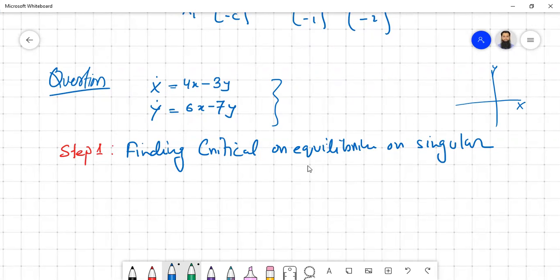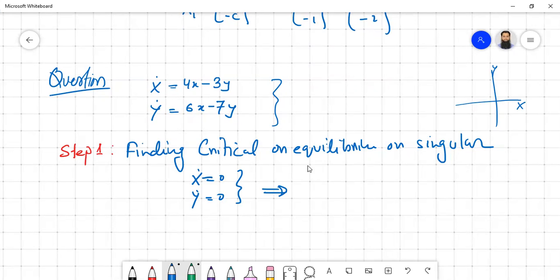For finding the equilibrium point, the definition we already said is that a singular point is the point where the system states can stay forever. That means there is no variation, so dx by dt and dy by dt are not available, and the system will always stay in the state where it is. So the condition we apply is x dot equal to 0 as well as y dot equal to 0. That will give us the equilibrium point.